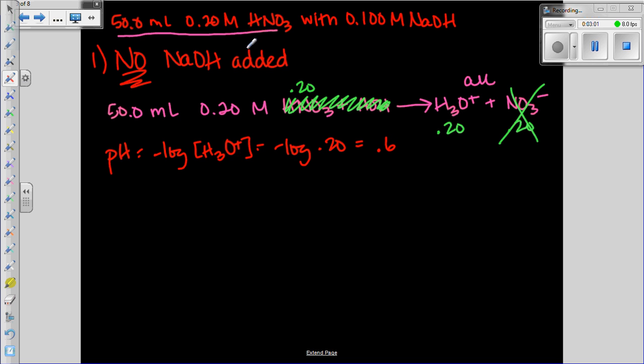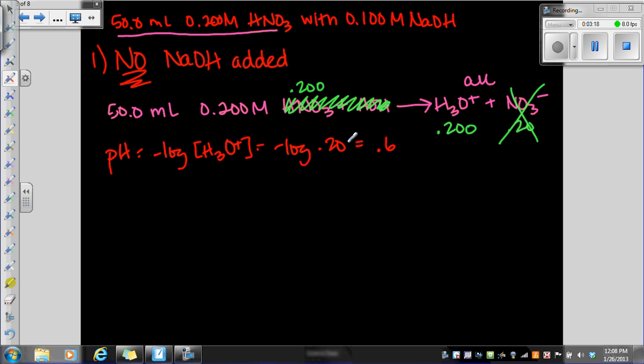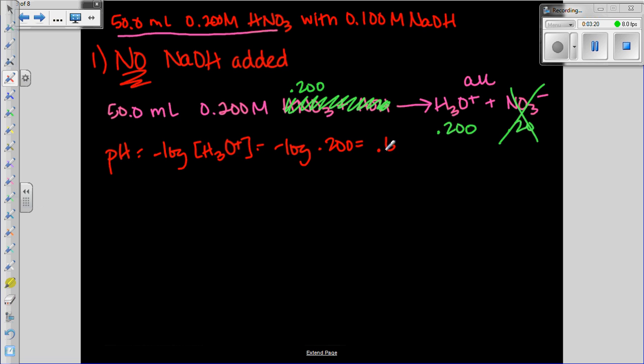I need to check sig figs. Okay, so I've got 2 sig figs here. Oh wait, we've been doing lots of 2 sig figs. Let's go ahead and give ourselves 1 more so that we can see something different. All right, so we have 3 sig figs, so I need 3 numbers after the decimal.